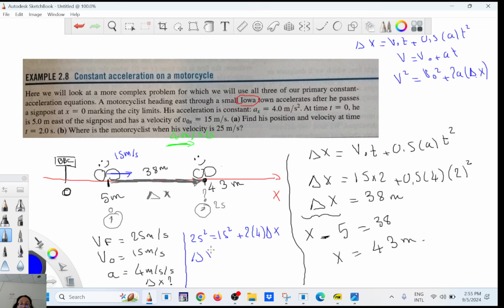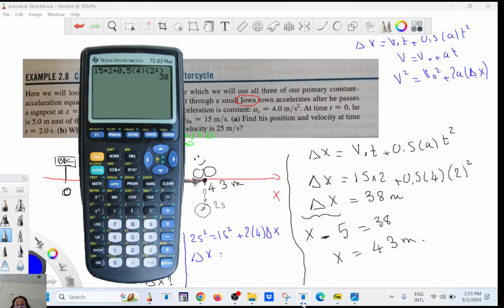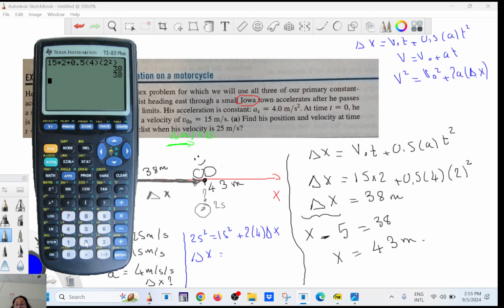And you are solving for delta x. So minus 15 squared. Did you get 50? So you do 25 squared, enter, minus 15 squared, enter, and you divide by 8 to isolate the unknown, right?